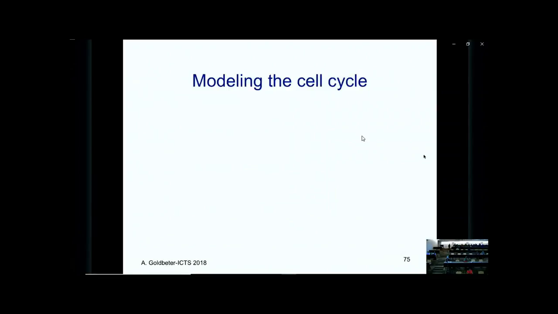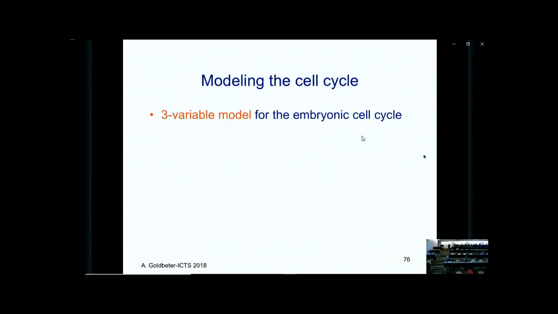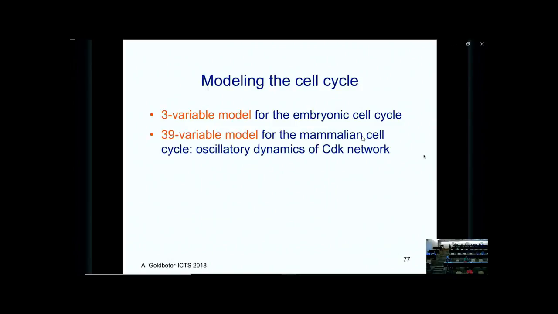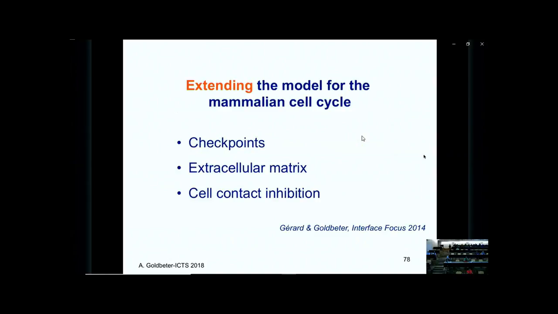So I showed first a 3-variable model for the embryonic cell cycle, then a 39-variable model for the mammalian cell cycle, which is a model for the oscillatory dynamics of the CDK network. I extended the model by incorporating checkpoints, the extracellular matrix, and cell contact inhibition.